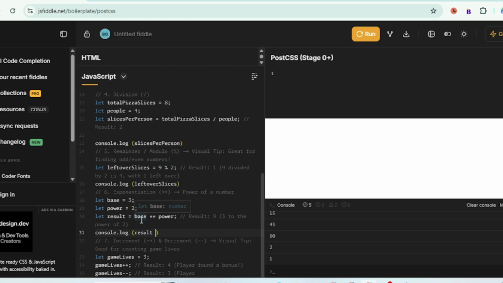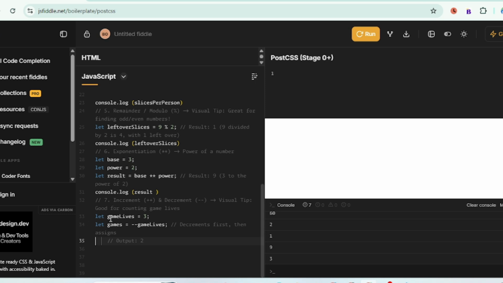So what do we do? 3 times 2. What it's going to do is times it 2 times. 3 times 3, 3 raised to the power of 2. So it's basically going to times the base value 2 times. So it should probably give us 9. Yes, it gives us 9.